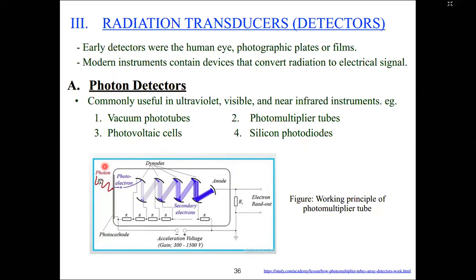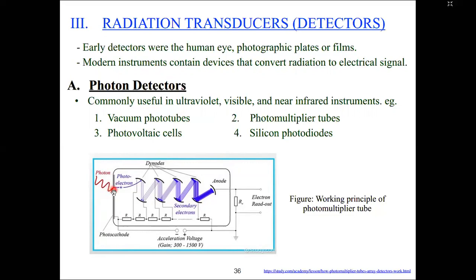So here is the example of the working principle of the photomultiplier tube. Say you have certain photon, and you know the wavelength of this photon, or even if you don't know, the instrument will know what wavelength of the photon this is. Now we want to measure the intensity of this photon. So what happens is this photon hits the photocathode.